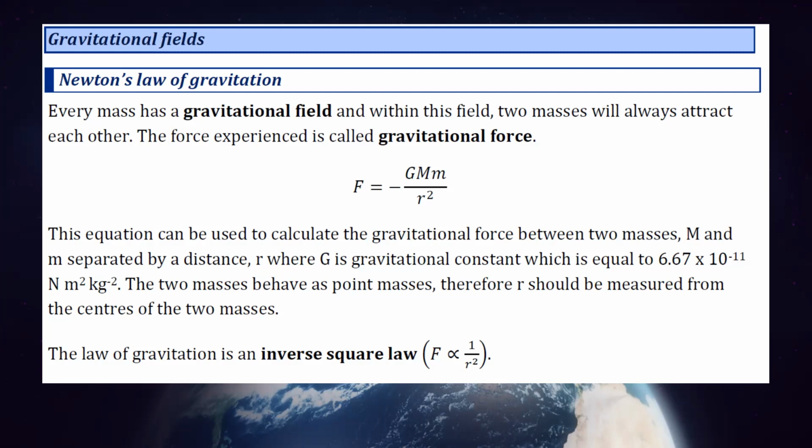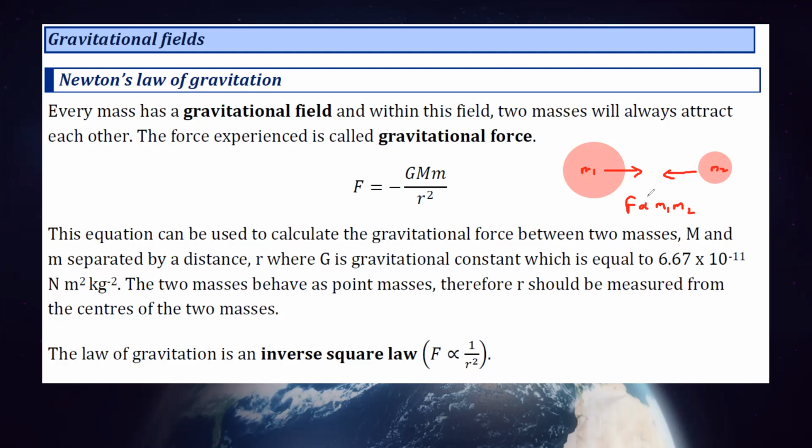It states that the force of attraction, because gravitational force is always an attractive force, between two masses, like if m1 and m2 are two masses attracting each other, is directly proportional to the product of the masses. So the greater the product of the masses, the greater the force of attraction between the two masses.